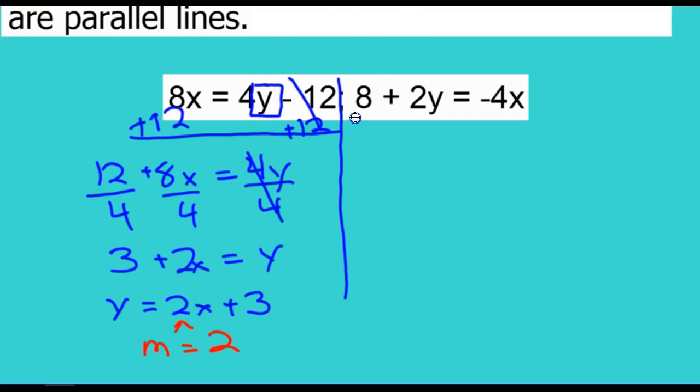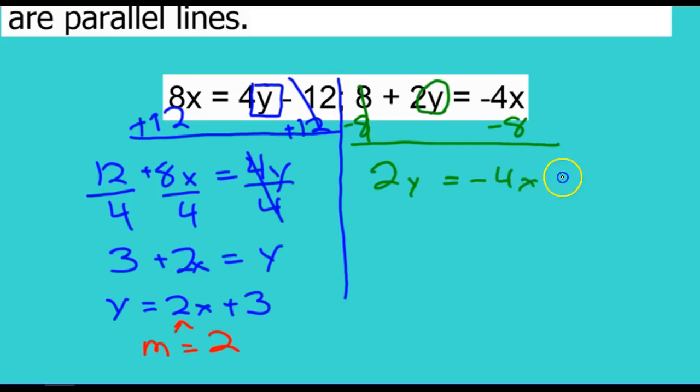On this one, I'm just going to move over the 8. So I'm still trying to get y by itself. So we have 2y equals negative 4x minus 8. Divide by 2 to get y by itself.